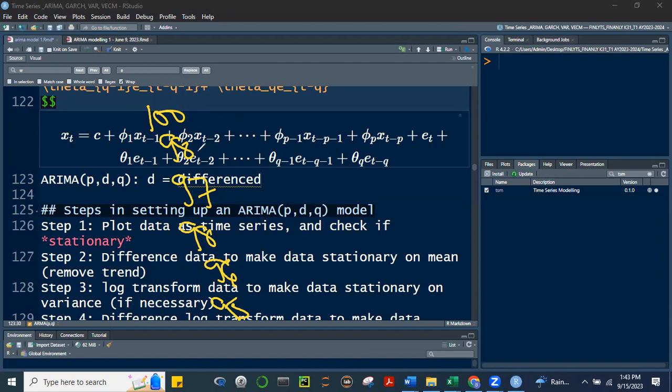If we difference first, this becomes 98 minus 100, that's negative 2, di ba? And then 97 minus 98, that's negative 1. 98 minus 97, that's 1. 96 minus 98, negative 2. 95 minus 96, that's negative 1.